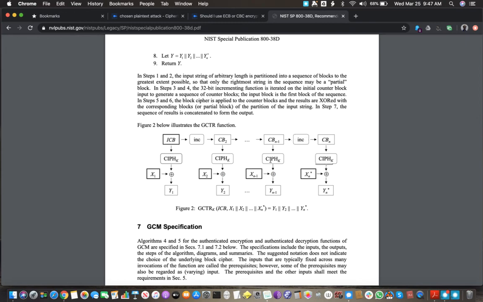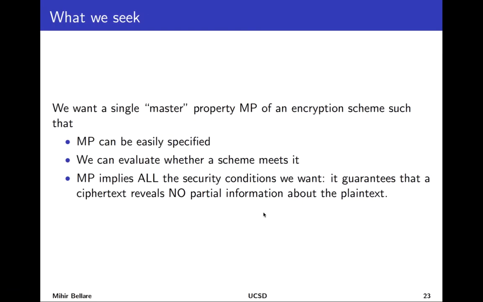You run those through the block cipher with the key K, and the X's are what we call the message M, and these are XORed to this plain text padding block here, and the Y's are what we call the ciphertext C. Okay. So again, just to show you that it's very much out there. We're not asking questions or talking about schemes that are somehow esoteric.